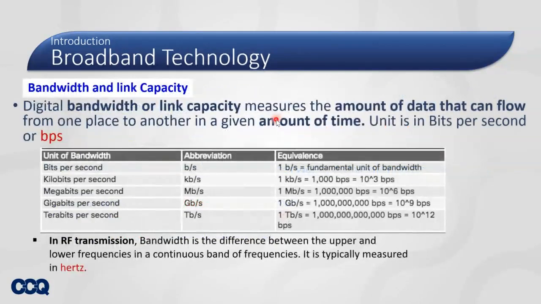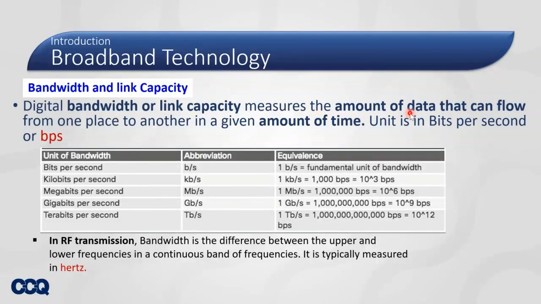And when we speak about broadband or wireless in general, we care about 2 things. We care about capacity and bandwidth. The link capacity, which is called digital bandwidth here, is how many bits I'm sending per second.